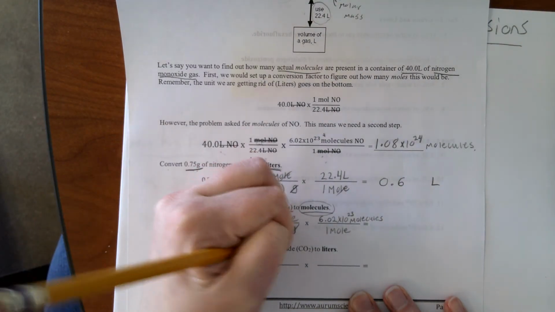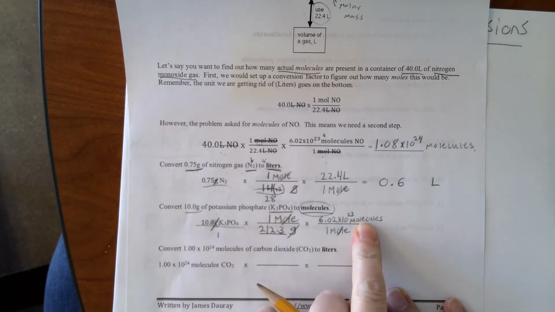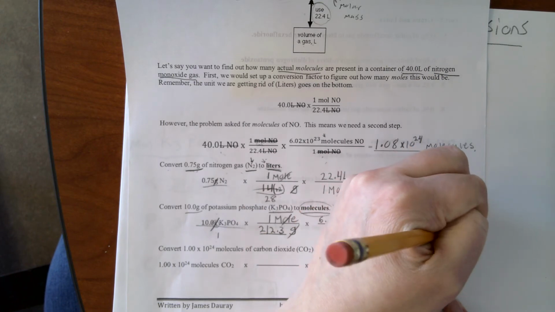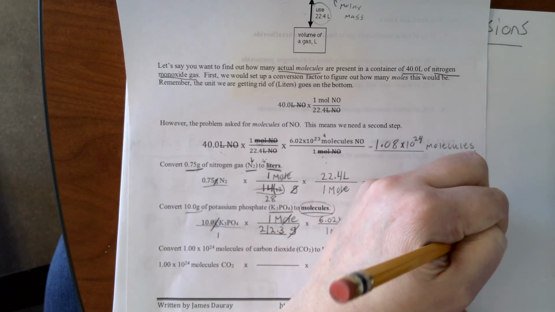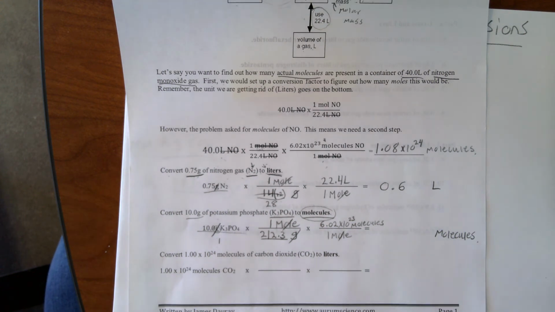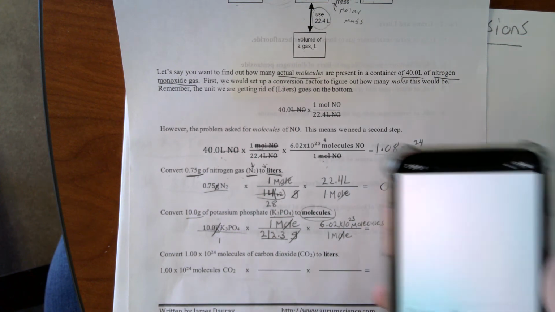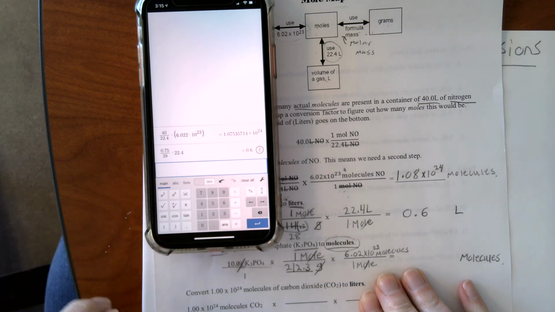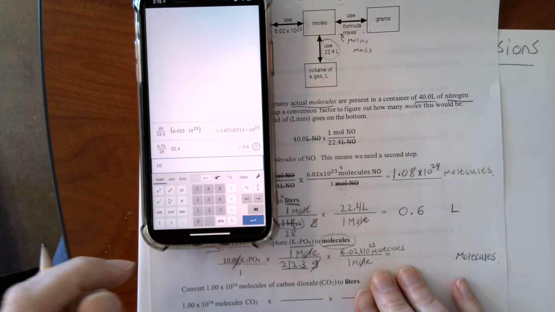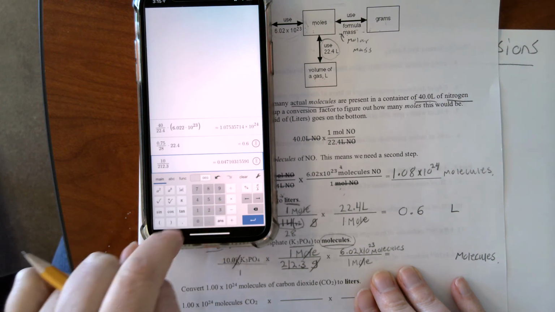Make sure your units will cancel out. Grams to grams and moles to moles, leaving molecules to go to the end. So now that you're finding what you need according to your problem, just go back into your calculator and solve. So we got 10 grams divided by 212.3.